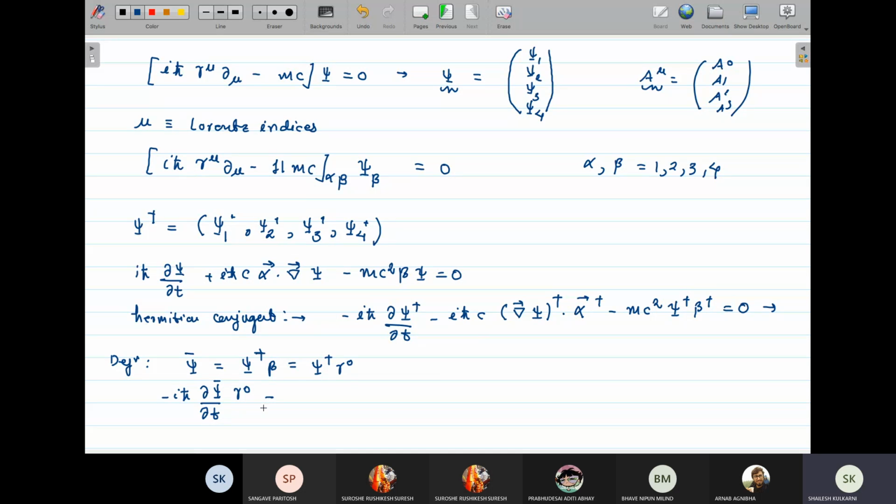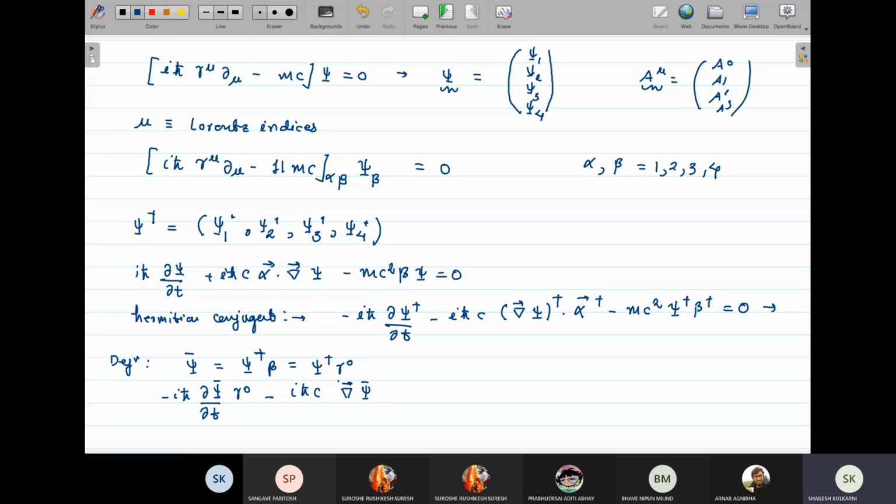Minus i ħ c, gradient of psi dagger. Again I will introduce here gamma 0 square. So this will be gradient of psi bar.